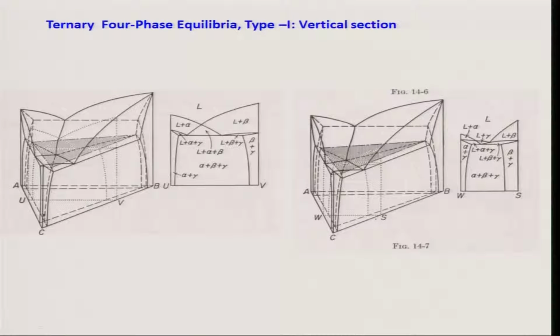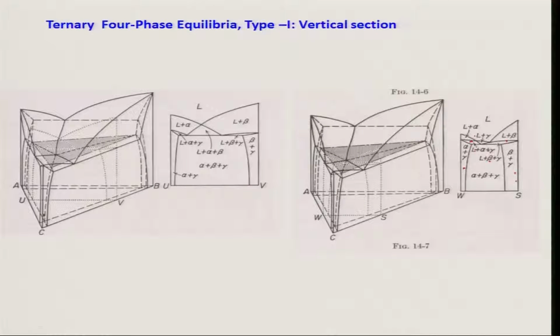WS here is parallel to one of the sides of the Gibbs triangle AB, and if you take it, it is exactly similar, except that because you have taken along the sides, not from the corner of the triangle, you have beta plus gamma and alpha plus gamma on both sides. Then liquid plus alpha plus gamma, liquid plus beta plus gamma above that.